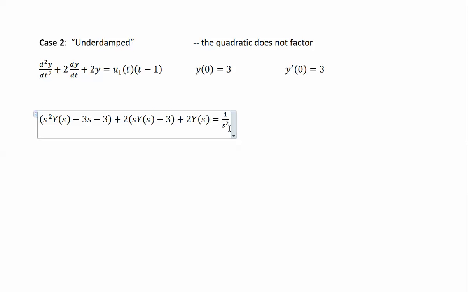But the heaviside function and the shifting part together affect the Laplace transform with an exponential factor, e to the minus 1s. It's always a minus, but the 1 is coming from the 1 here and the shifting to the right by 1 there. And so that would be the Laplace transform. Again, that would be the t-shift rule.